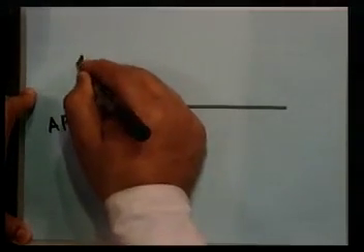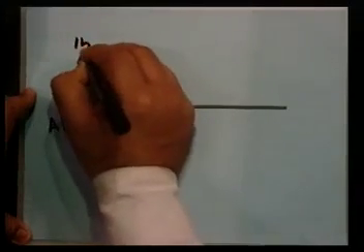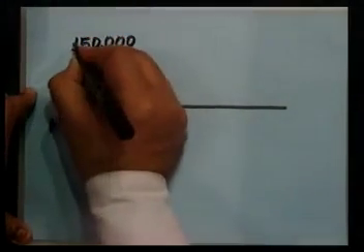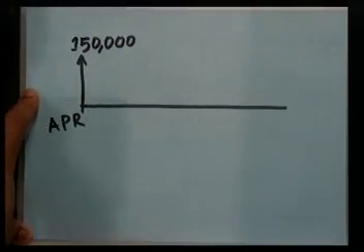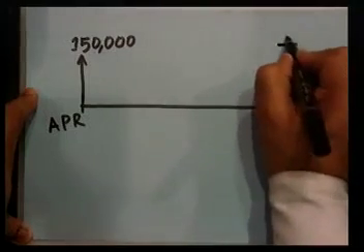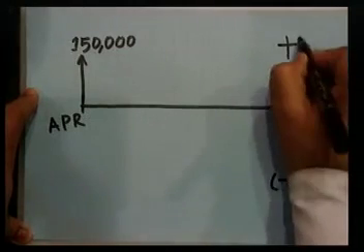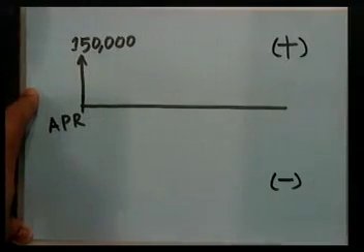So, straight away I am putting it here, 150,000. Why I have put it in upward direction? Because I am receiving this money, it is incoming for me. So that's why I am writing it on plus side. In my convention, plus side is upward, minus side is downwards.